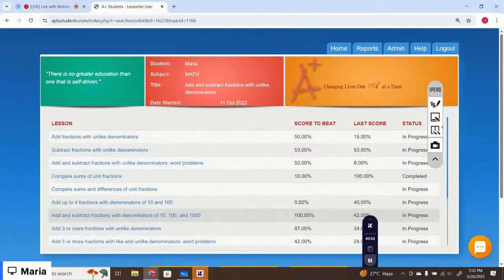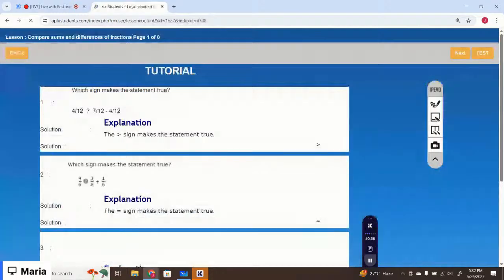Compare sums and differences of fractions. Which sign makes the statement true? You need to compare them, right?